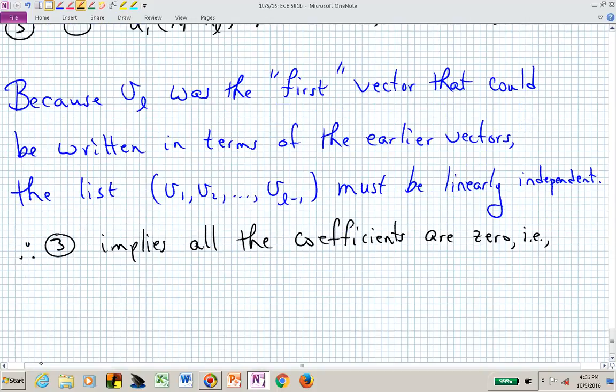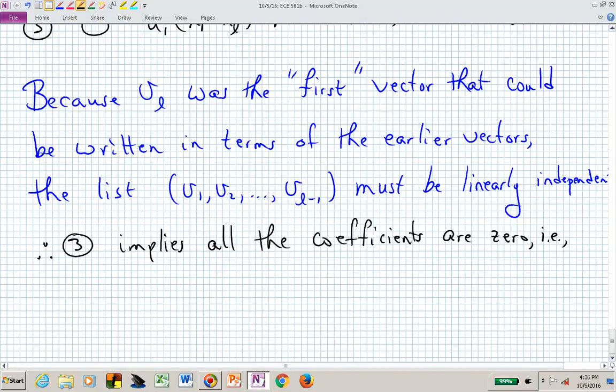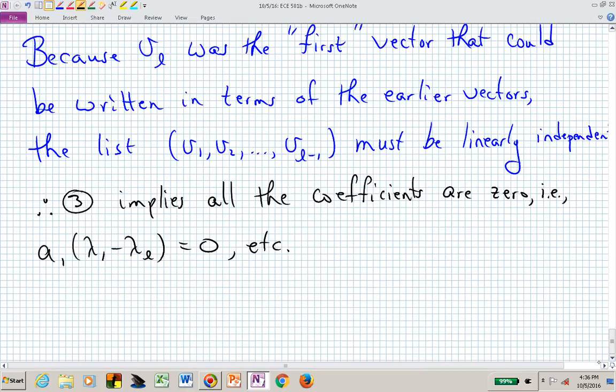That is, A1 times lambda 1 minus lambda sub L is equal to 0, etc. A sub 2 times lambda sub 2 minus lambda sub L is equal to 0. But we could make that happen many different ways, couldn't we? Let's look at really two different ways that could happen.